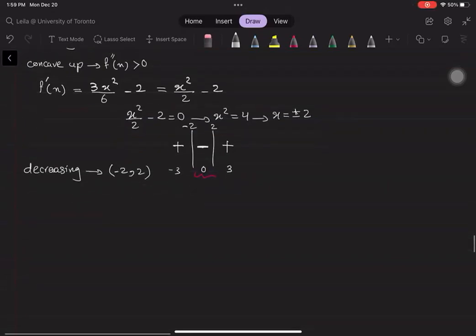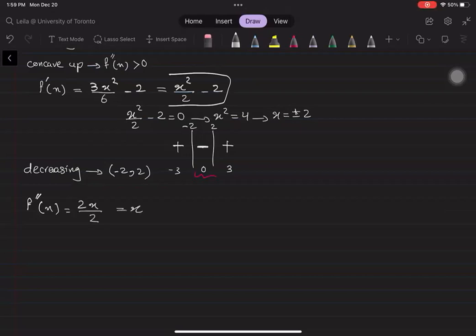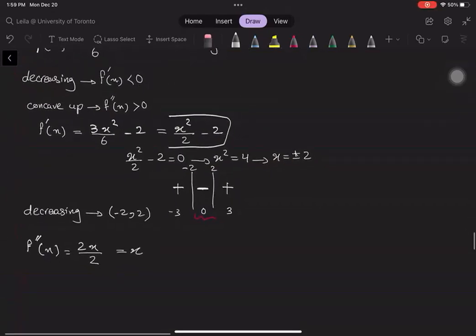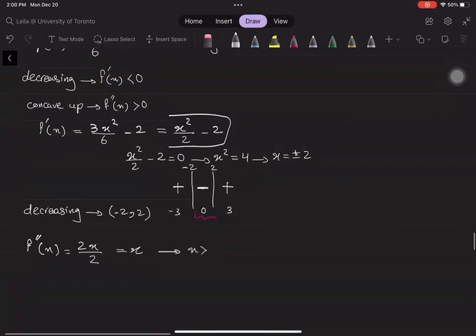And now you want to take the second derivative. So here you found that the first derivative is x squared over 2 minus 2. Take the derivative of that, you have 2x over 2, which is just x. So this is just x greater than 0.